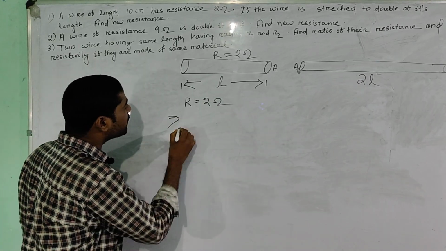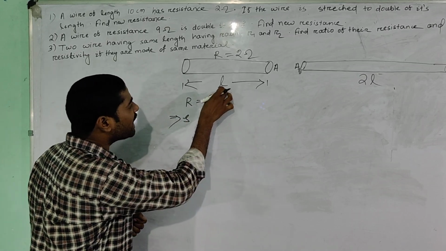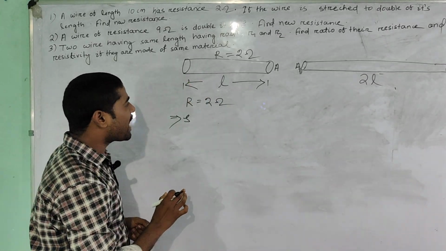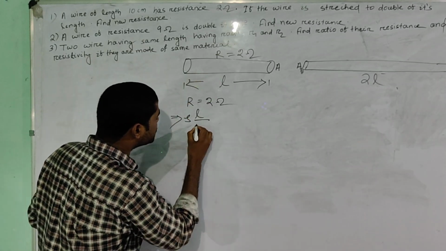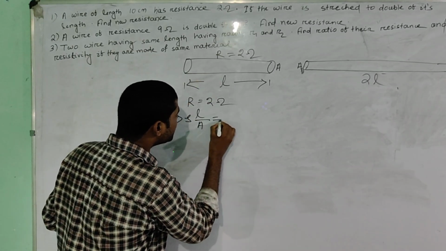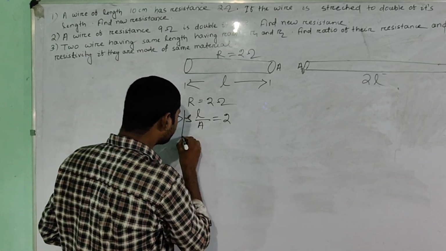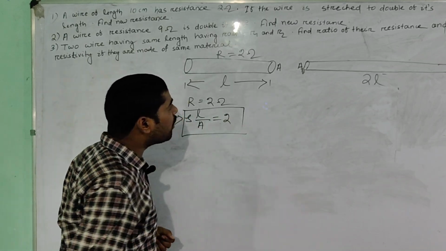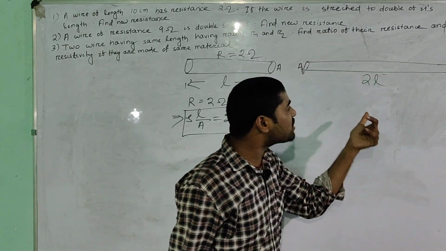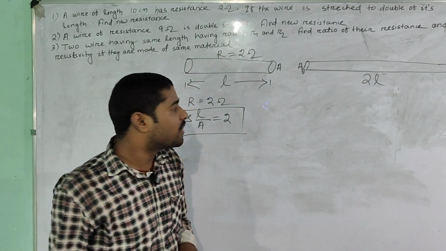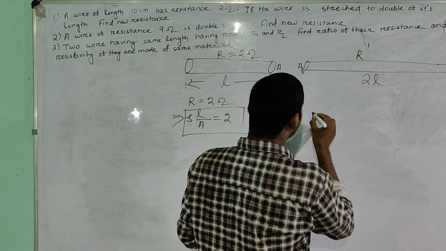we can write the formula for resistance: rho L by A. L is the length for the first case, and area of cross section is A, and this value is equal to 2. Okay, so we have to find the resistance of the second case. Let the resistance of this case be R dash.